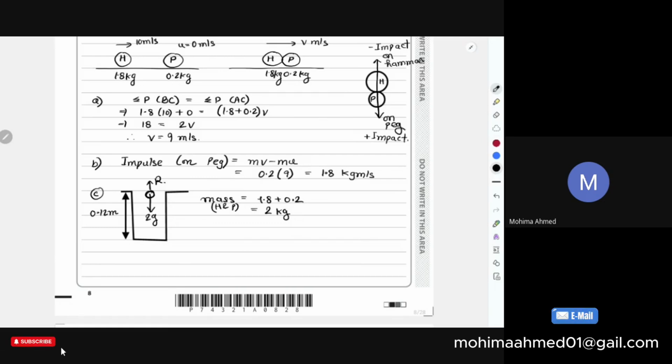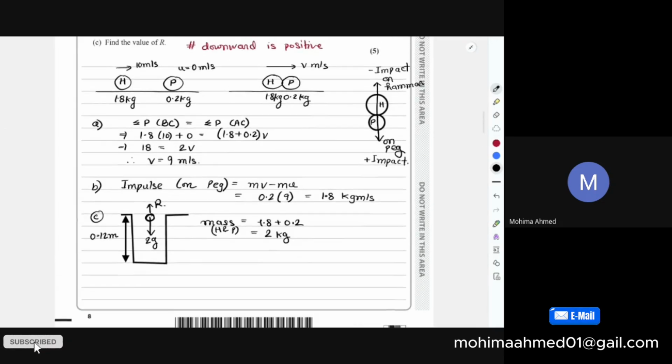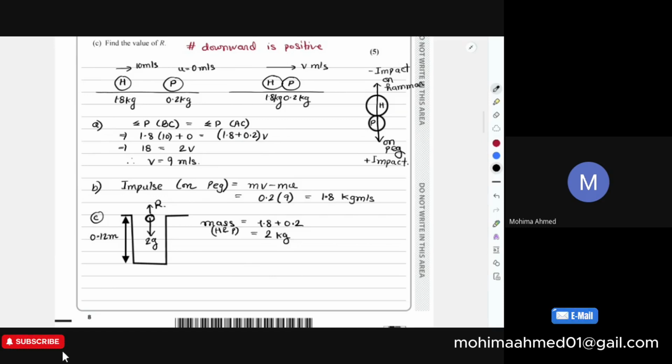If I want to find the value of R, I have to use my equations of motion here. One thing to understand, exactly after the collision, when the hammer was hitting the tent peg, they combined together and started with velocity v, right? v equals 9, that's what we calculated in the previous part.